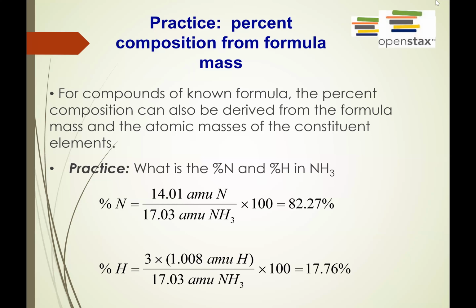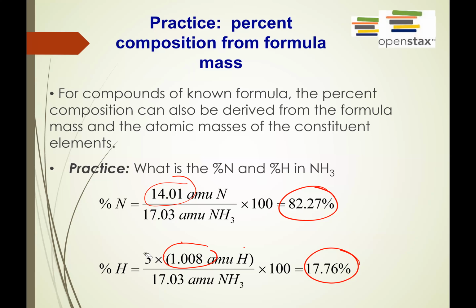If you use 1.001 for hydrogen, well, then you'd have 3 significant figures. You kind of get to dictate your own sig figs on these. So do you see how I used 4 sig figs here and 4 sig figs there? You get to kind of choose on this one.